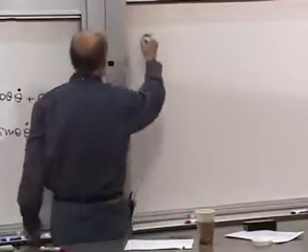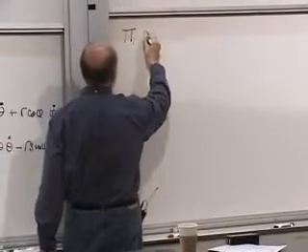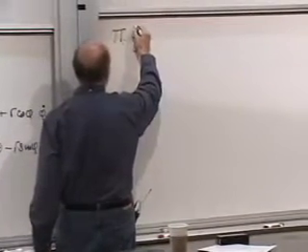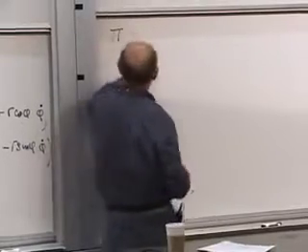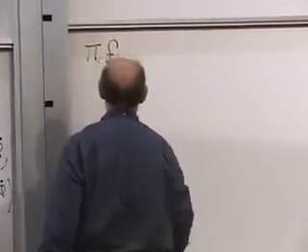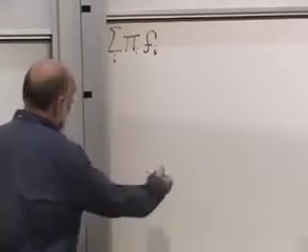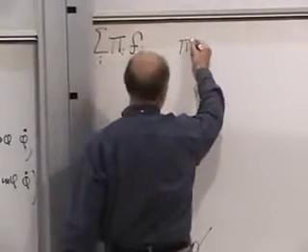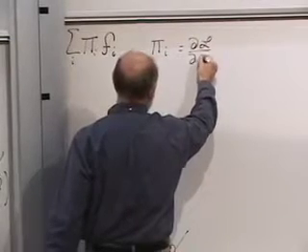The rule is the Noether charge is pi sub I times what I called f sub I, summed over I, where pi sub I is partial of the Lagrangian with respect to q sub I dot.